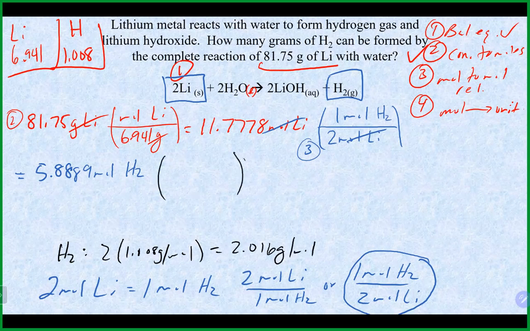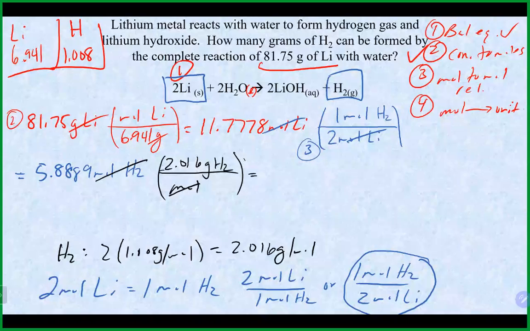Using that for our final step here, the grams go up on top, moles on the bottom. Once again, I just used the formula for the molar mass, and that would get us times 2.016: 11.87 grams of H2 in this case.